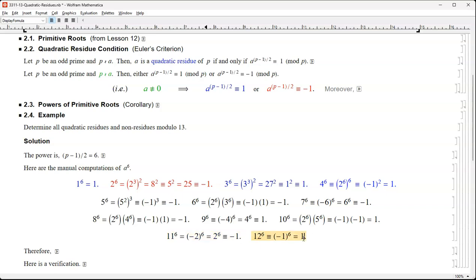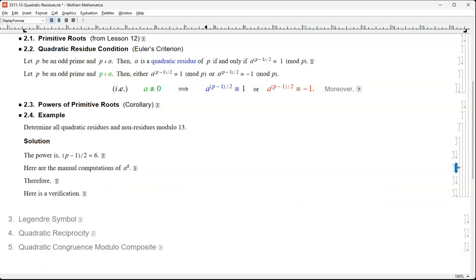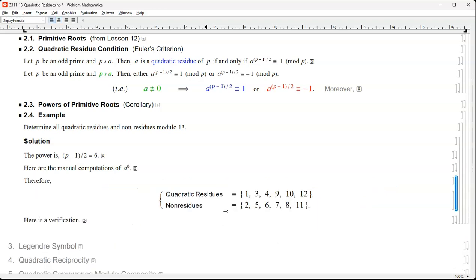You can, of course, do this by the brute force method. Eventually, we get the same number of quadratic residues and quadratic non-residues.